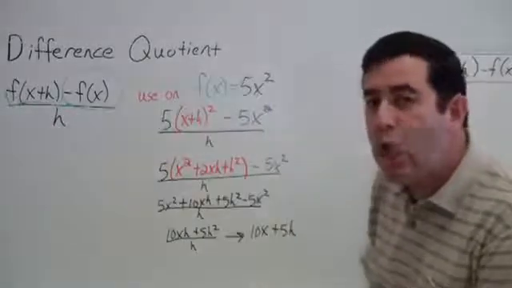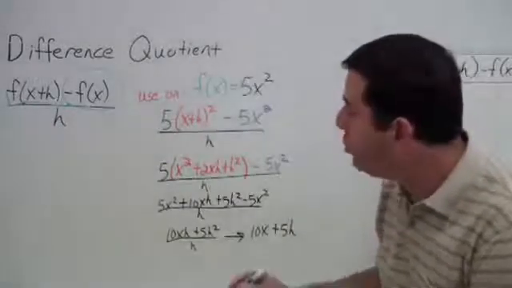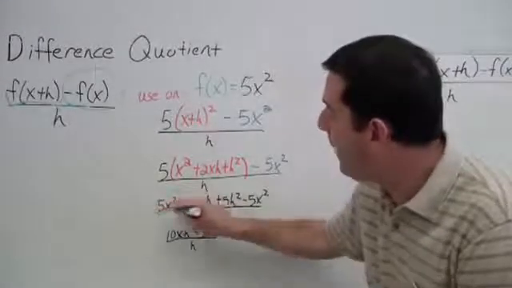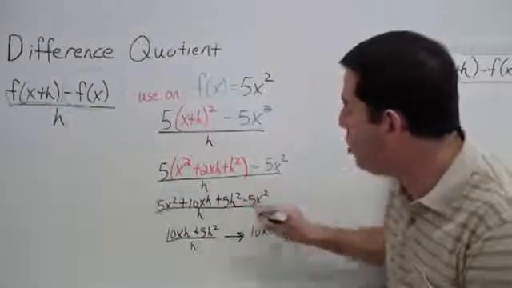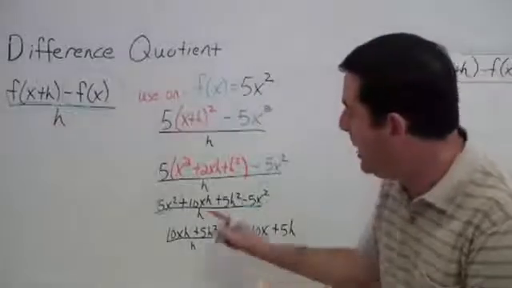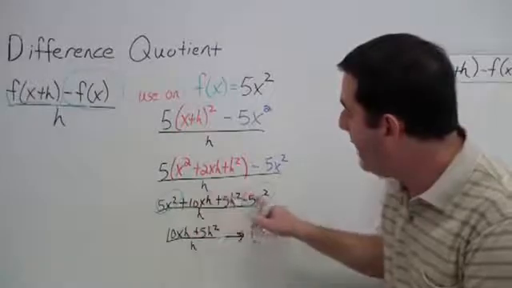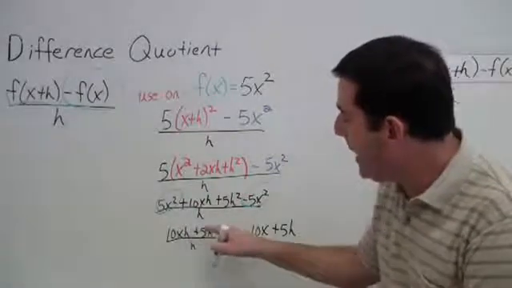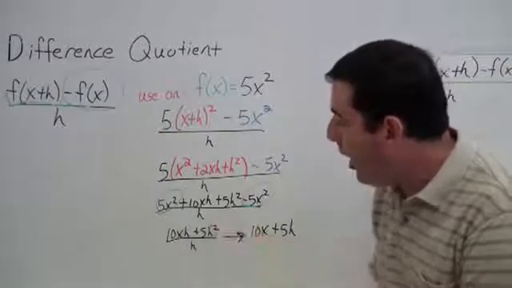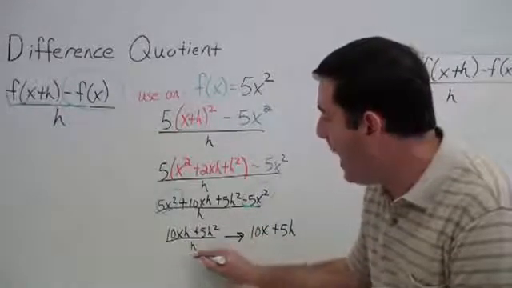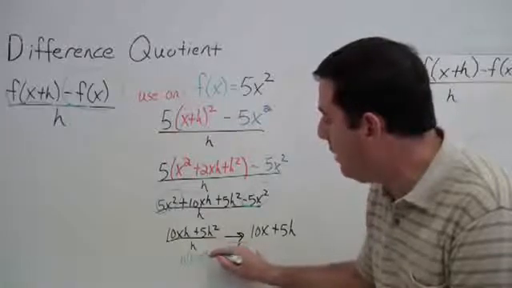Now, just like we saw with the linear problems, once we're to this next to the last step, anything that fails to have an h needs to go away. Only things with h's can remain. So the 5x squareds had to add out. Everybody that's left has an h. Since they've all got an h, I can factor an h out on the top.